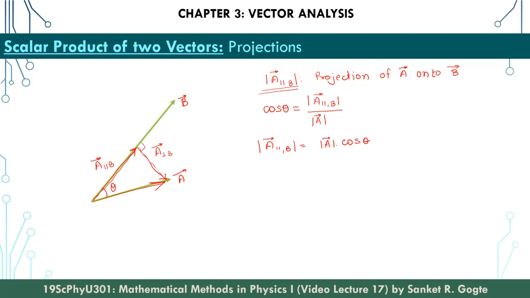With this formula now we can easily find projection of a vector onto other. It can be worked like this.